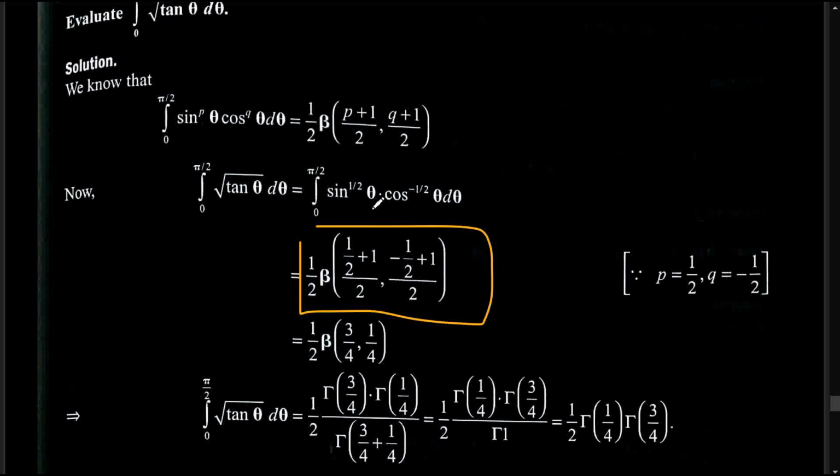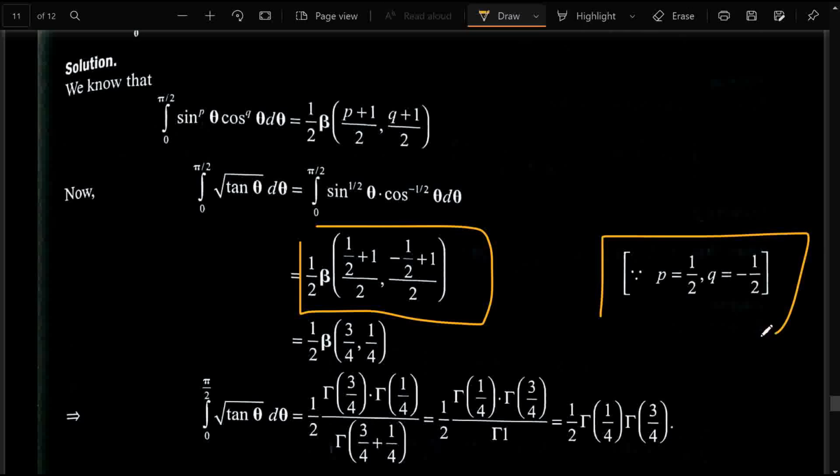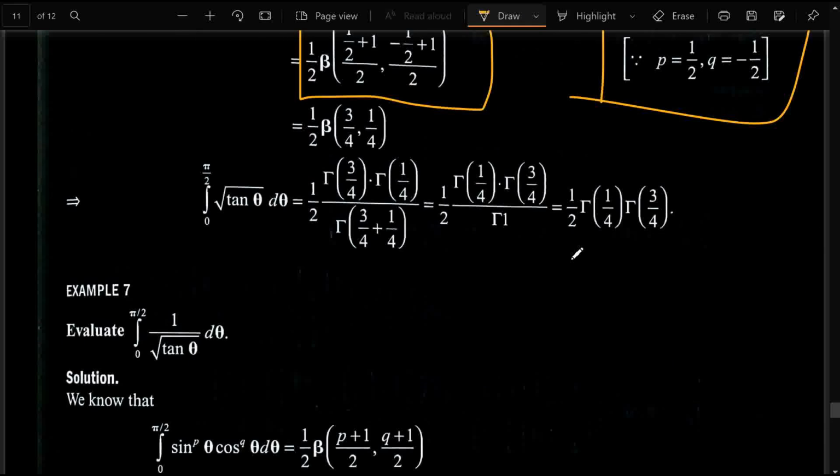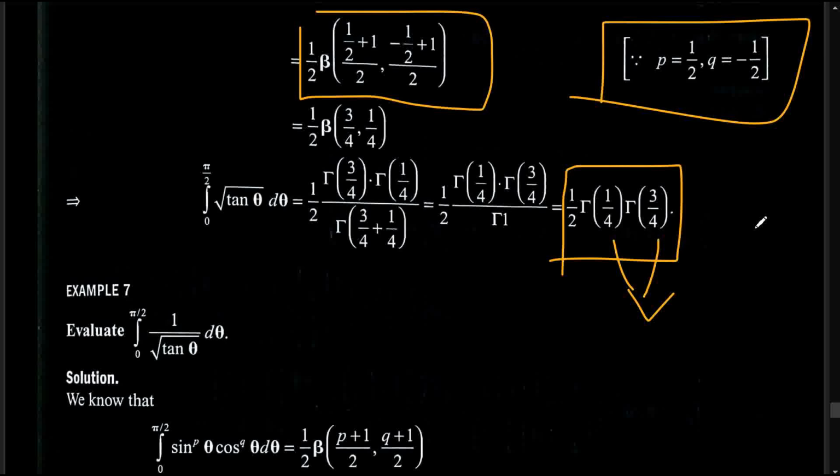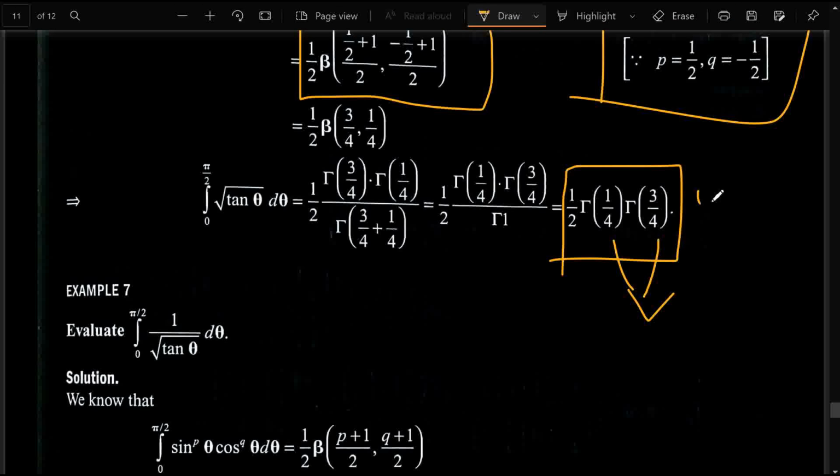So p and q are respectively 1 by 2 and minus 1 by 2, and now you get the form. As it is less than 1, you can present the answer this way and not simplify it any more. If they give gamma of 1 by 4 as some value, then you can substitute here. Until then, this is enough.